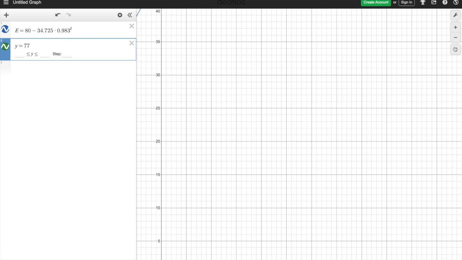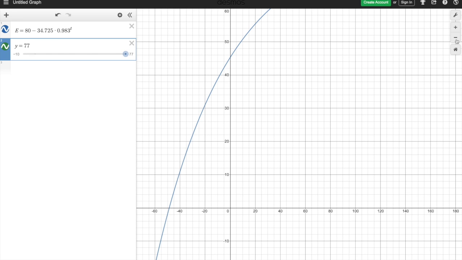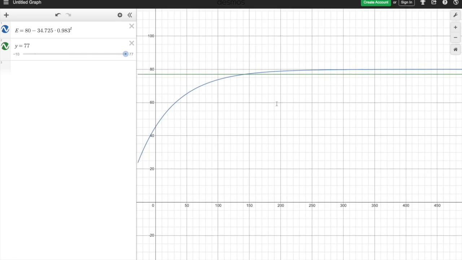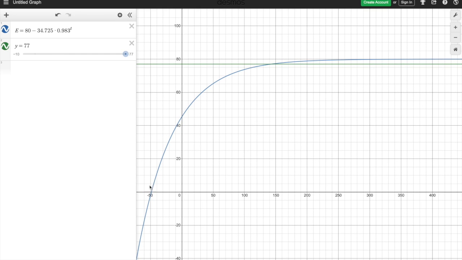And now we'll have to zoom out a little bit to see this. This curve in blue represents the life expectancy, and the horizontal line in green is the 77-year line.